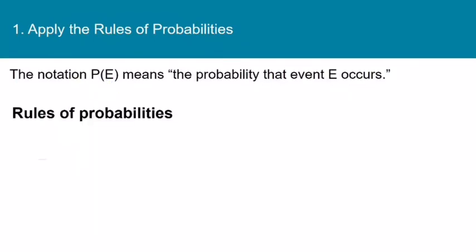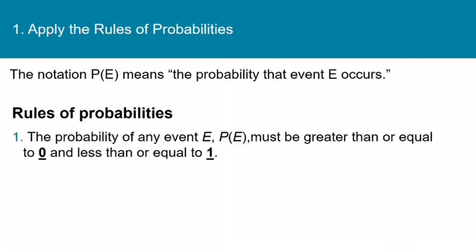And here are the two rules of probabilities. 1, the probability of any event E, which we write as P parentheses E, must be greater than or equal to 0 and less than or equal to 1. In other words, probabilities always have to be between 0 and 1.